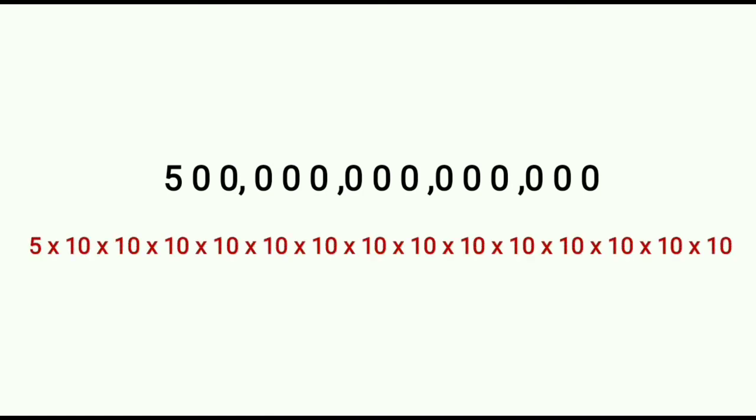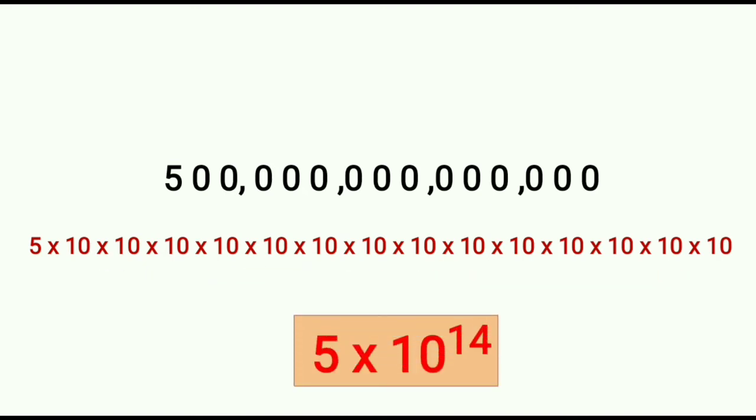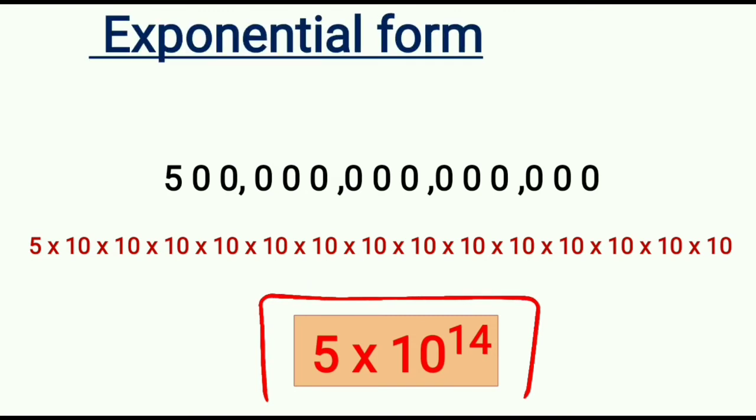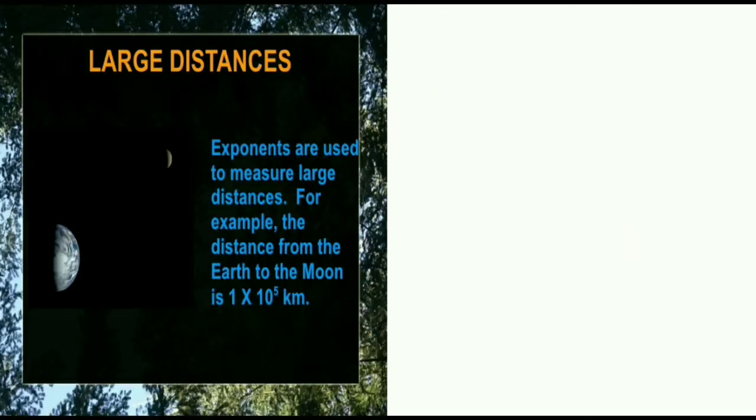Here 10 is for 14 times, so we can write it as 5 multiply 10 raised to power 14. This is an exponential form. Exponential form is a notation by which we can write a large number in short form. Here are some examples for which we use exponents.